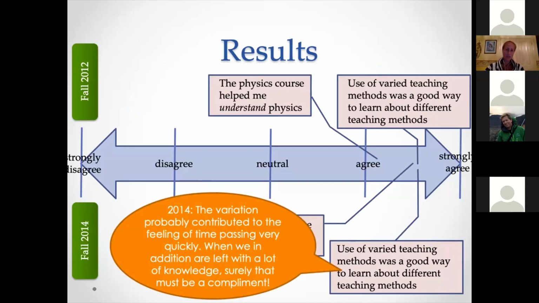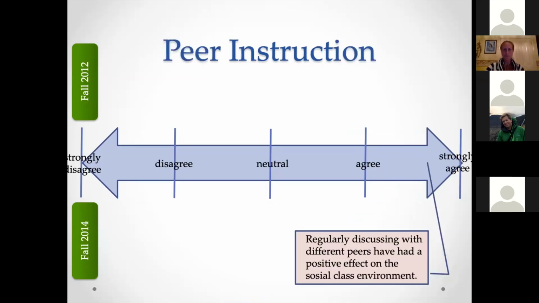And one student commented that the variation probably contributed to the feeling of time passing very quickly. When we, in addition, are left with a lot of knowledge, surely that must be a compliment. So it definitely helped that we did different things through each class instead of just three hours straight of lecturing, which would have killed anyone really.